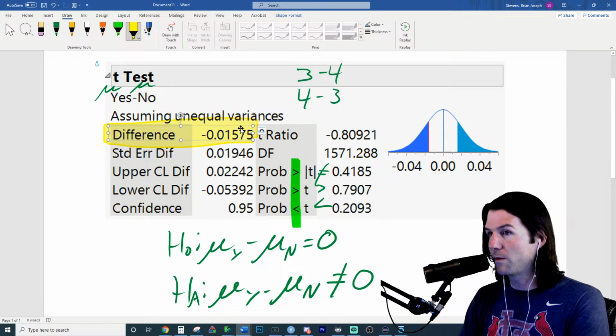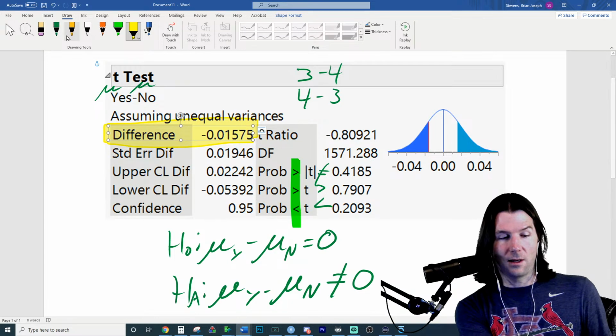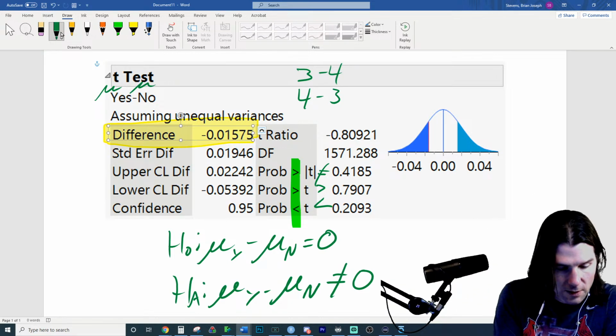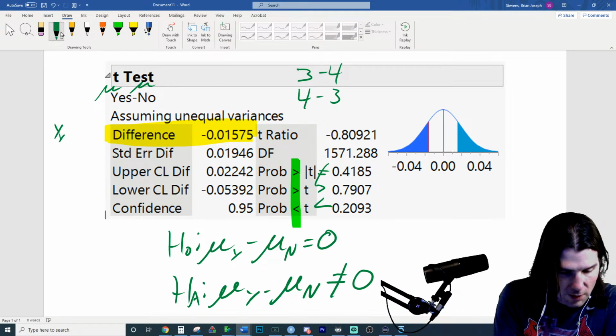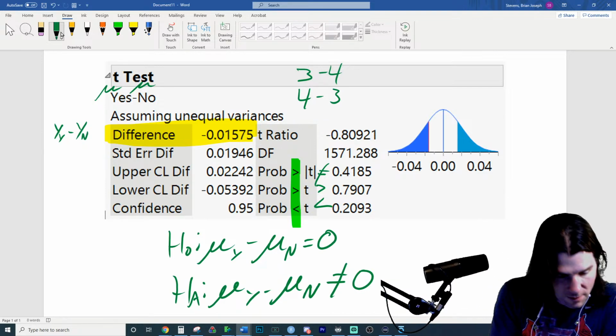Now, the standard error of the difference. This right here is yes minus no. Sorry, this is going to take a moment to write.